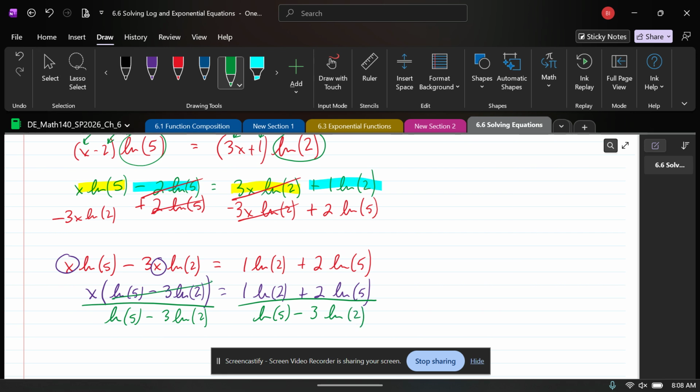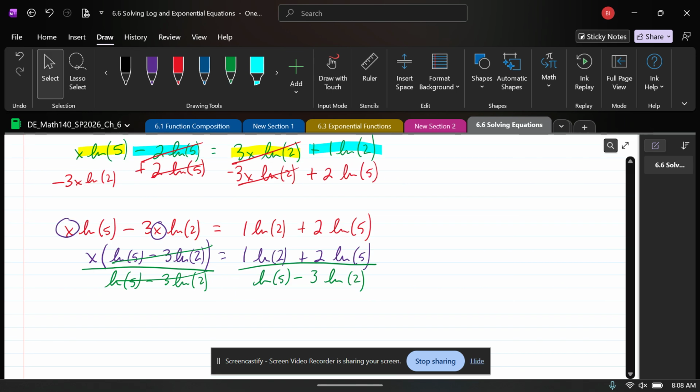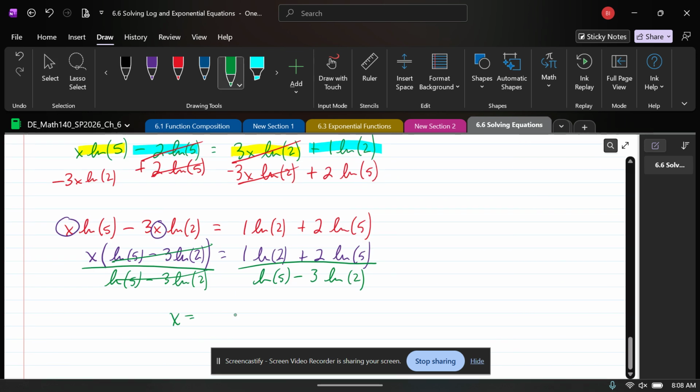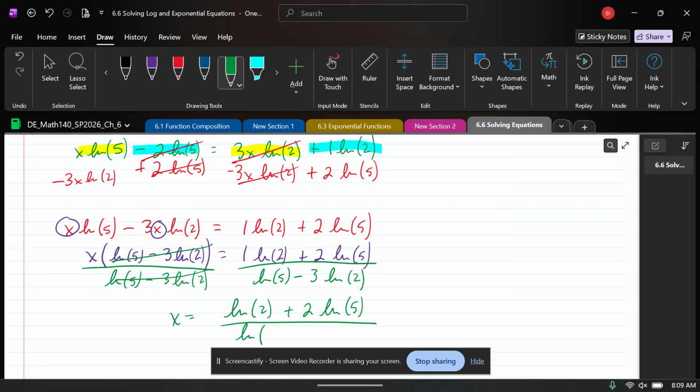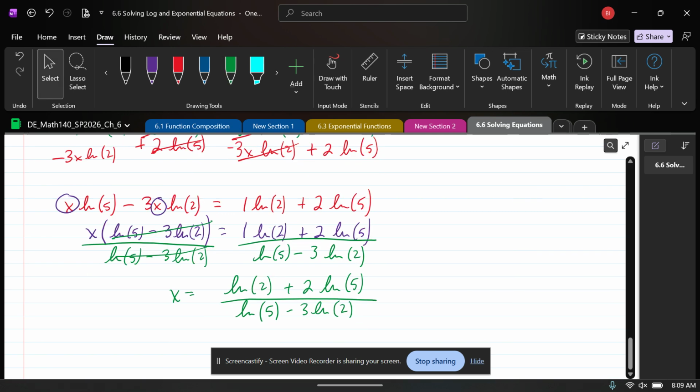Over here, that's going to cancel out. That's going to leave us x. Over here, we've got this exact solution. That's x by itself. That means we're done.